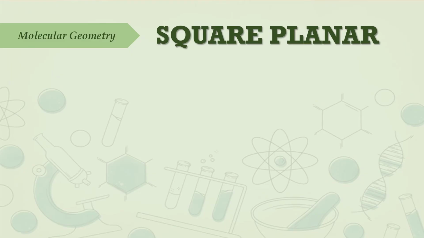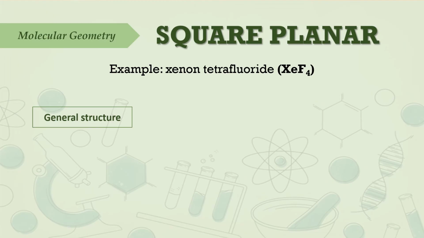Now, the eighth geometry is the square planar. For square planar, the general structure is we have here the central atom with still 4 attached atoms, but it has 2 lone pairs. Okay, so we have 4 dots around the central atom. For xenon, it belongs to group 8, and fluorine belongs to group 7 times 4.